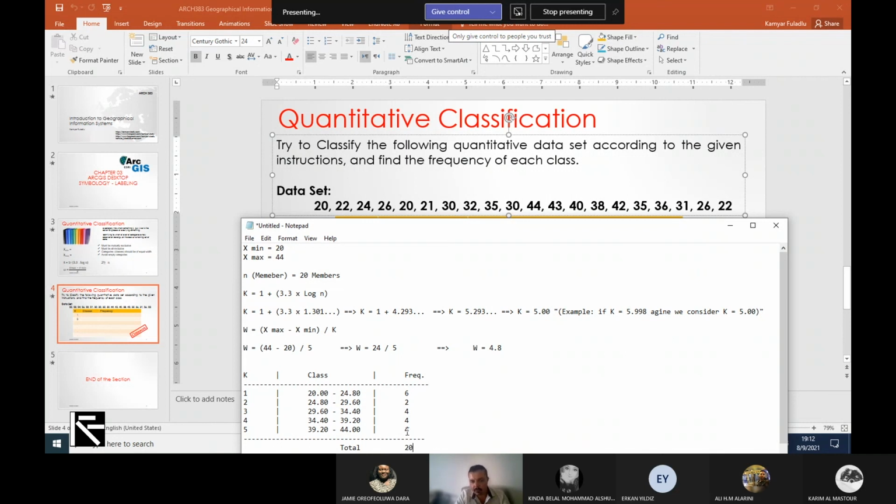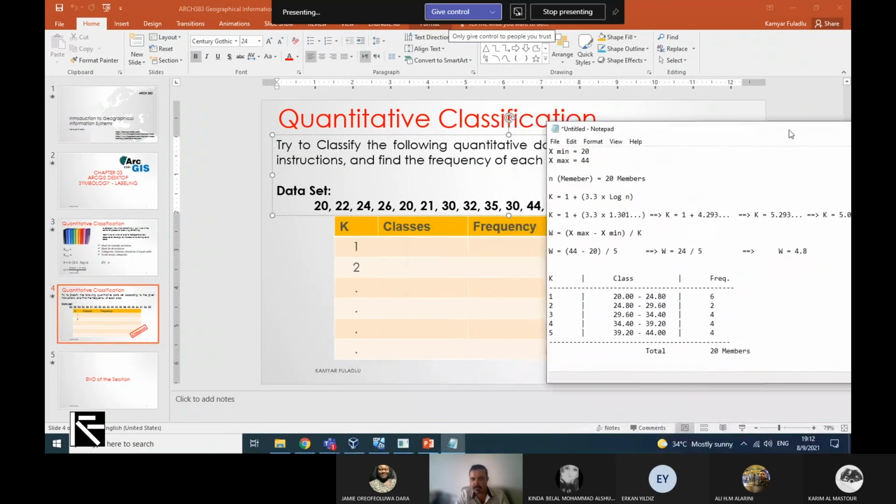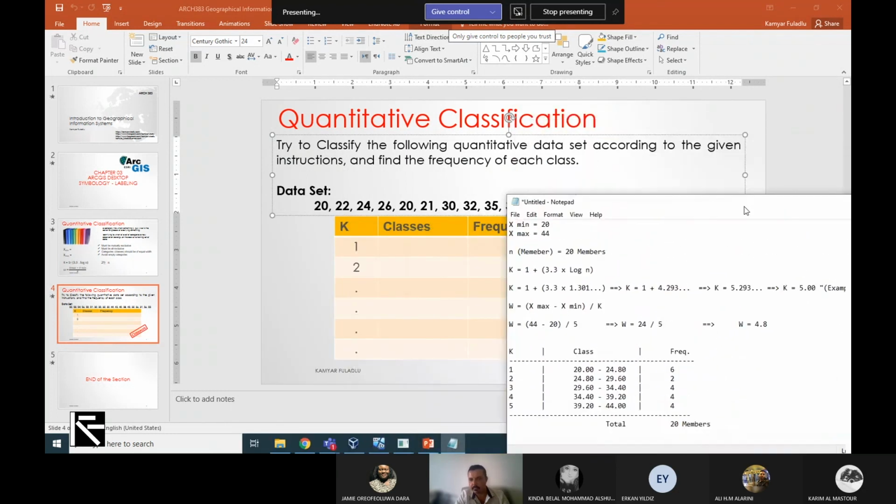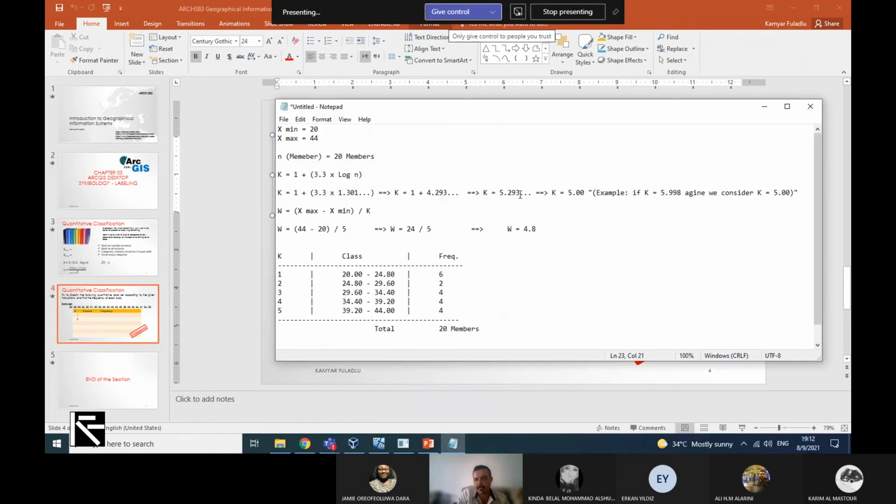So this should be equal to the 20 members. This is a test. Now I can write everything here accordingly. Is it clear? Is it understandable? Yes or no? I think it's very clear because definitely you did it in high school.